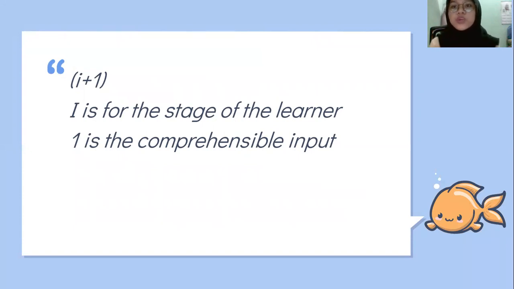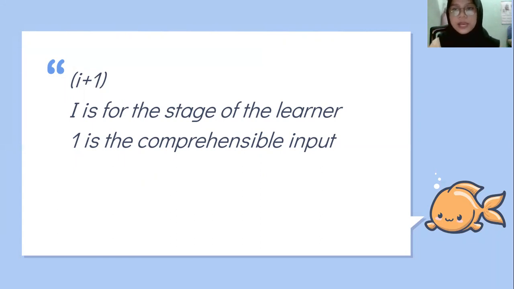It's like which level the students are currently in, what kind of knowledge or input that they have had already before the lesson, before they try to acquire the language. And 1 is for the comprehensible input.